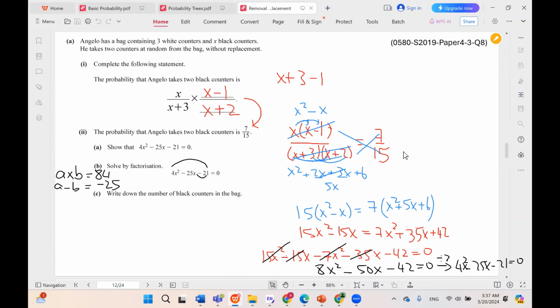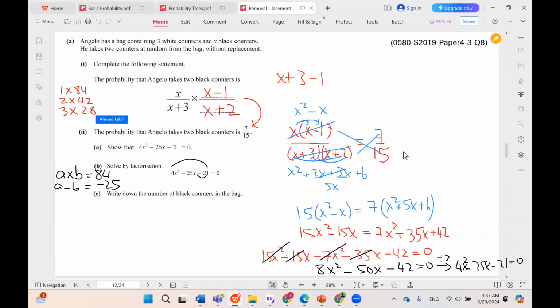So let's try to look at the numbers that give 84. So 1 times 84, 2 times 42, 3 times something to give us 84, and that something would be 28.